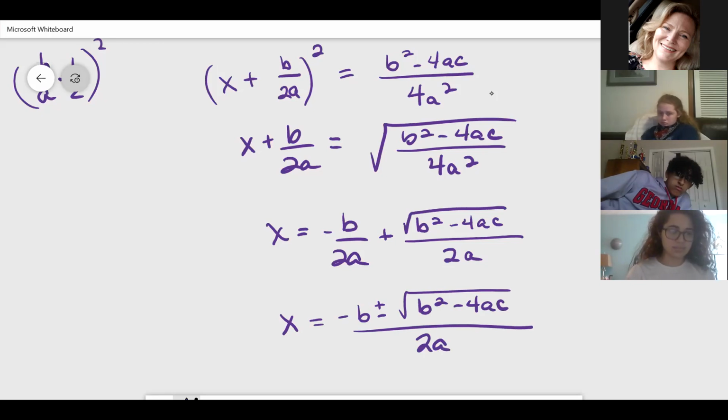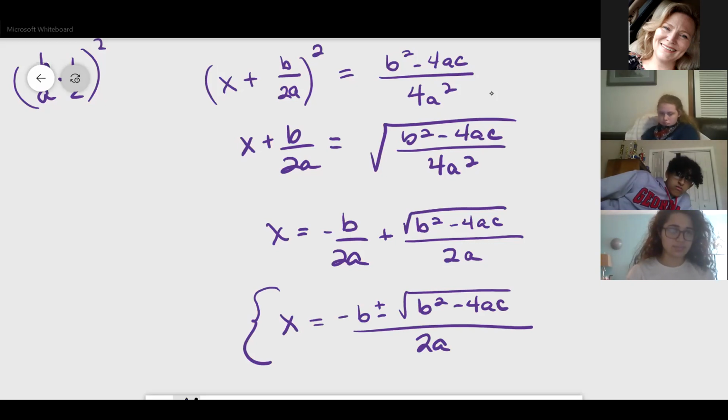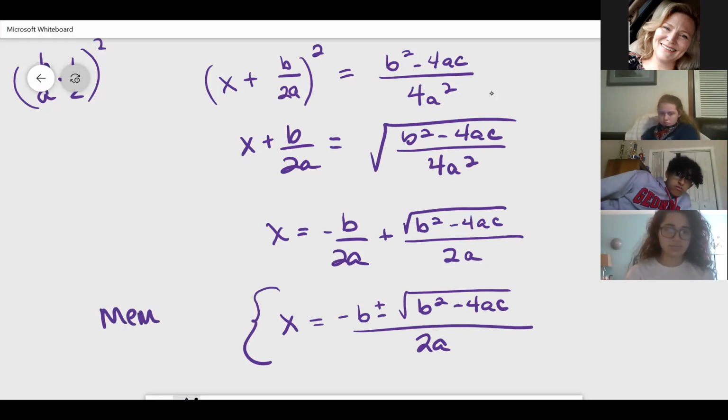All right, this right here, you need to memorize this. Okay, this is the quadratic formula.